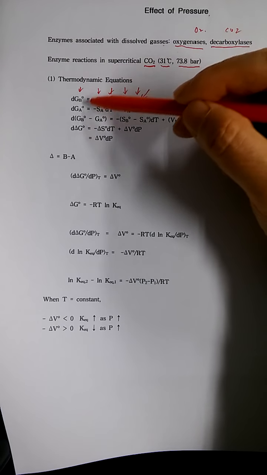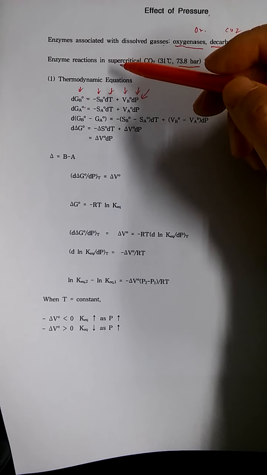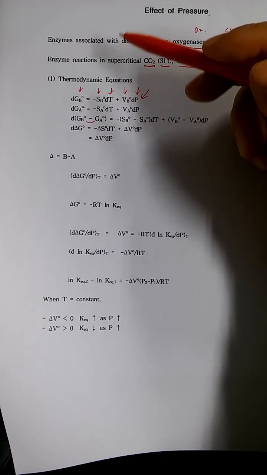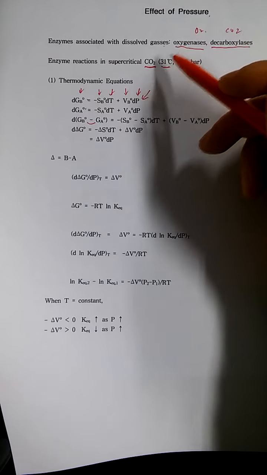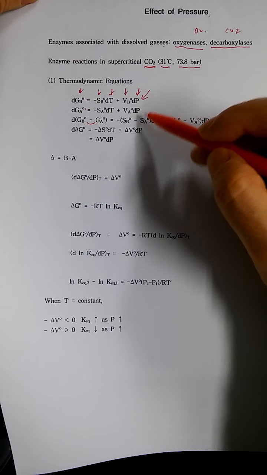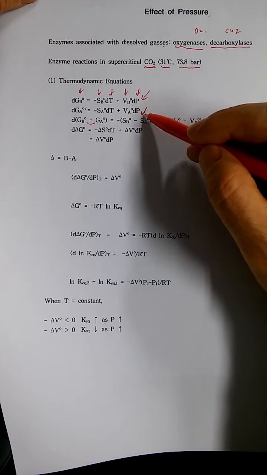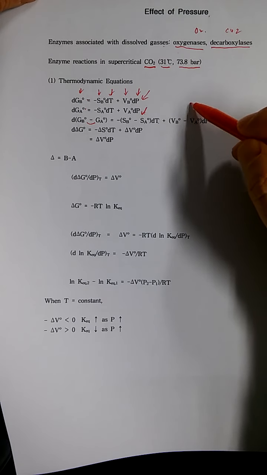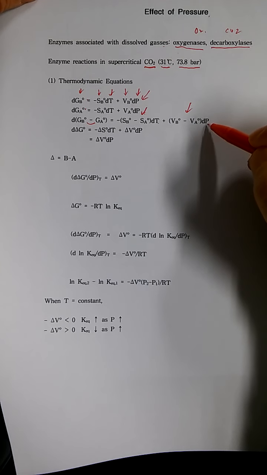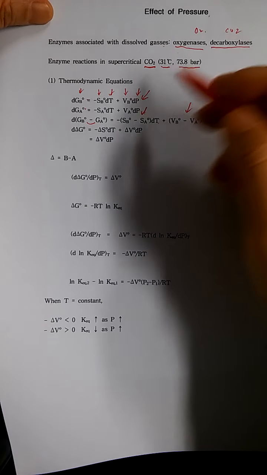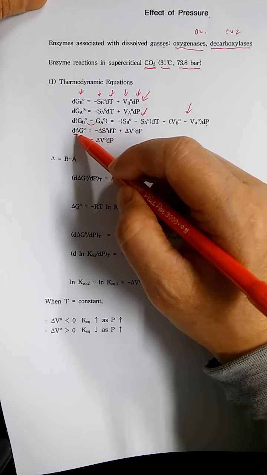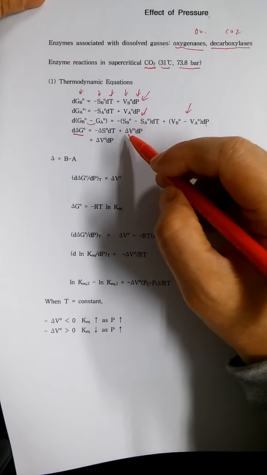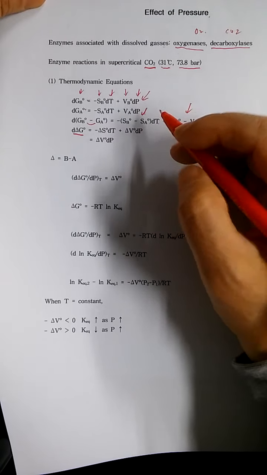Between state A and B, if we take the difference, the difference in Gibbs free energy is the negative difference in entropy times dT plus the difference in volume times dP. So d delta G equals negative delta S dT plus delta V dP.